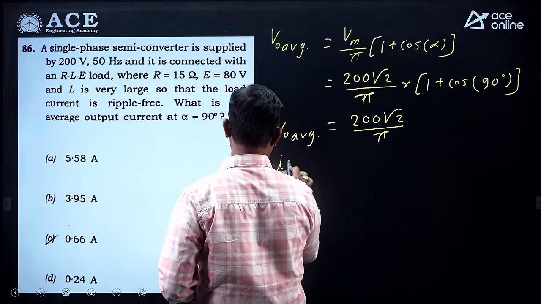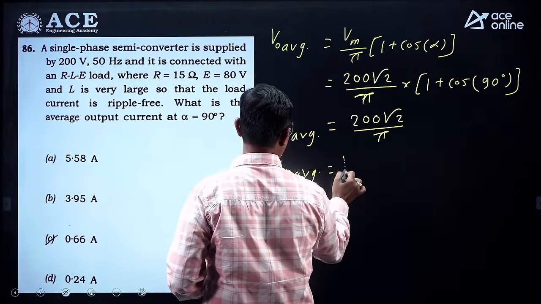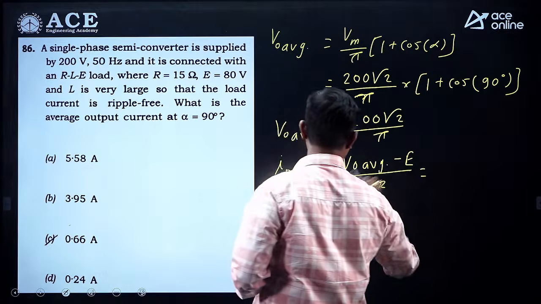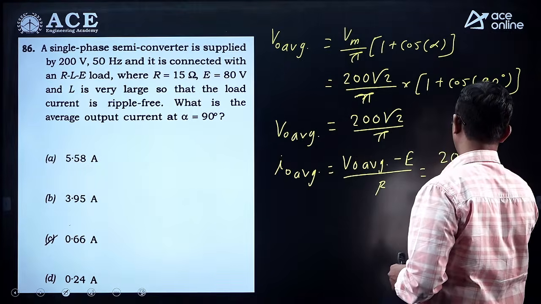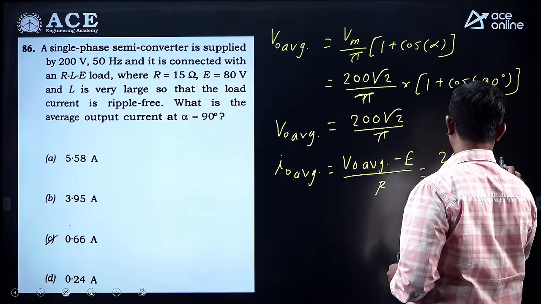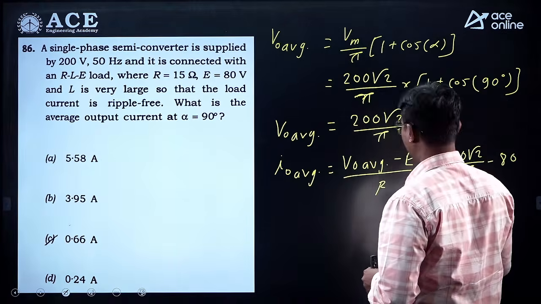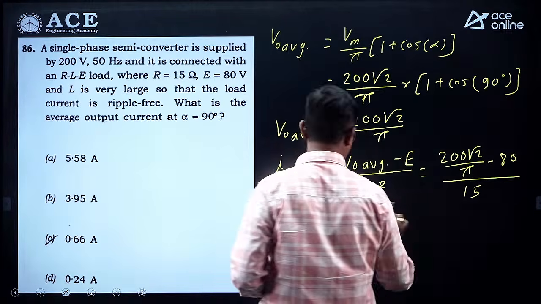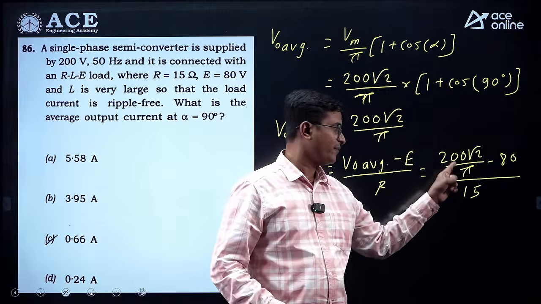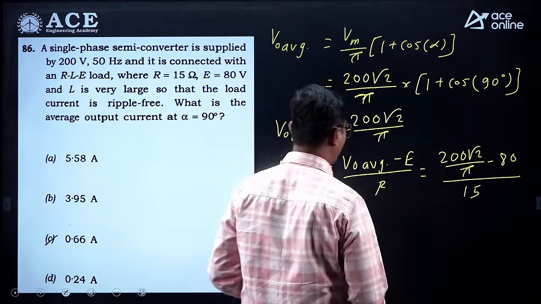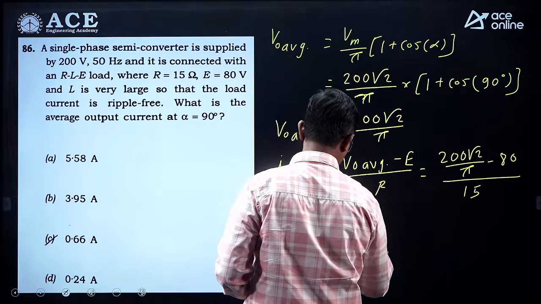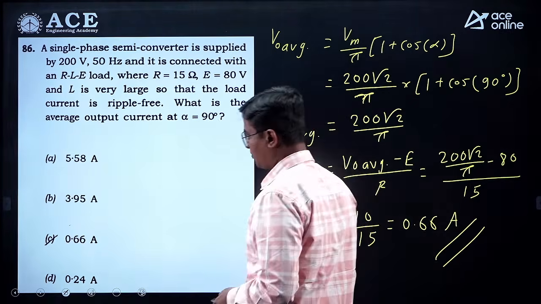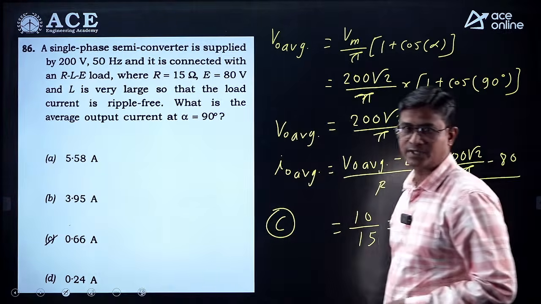I0 average is equal to V0 average minus E by R. Putting in the values, it is 200 into root 2 by pi minus E, which is 80 volt, upon R, which is 15 ohm. Root 2 by pi is 0.45, 200 into 0.45 is 90, 90 minus 80 is 10, and 10 by 15 is equal to 0.66 ampere. So your I0 average is 0.66. So option C is the correct option.